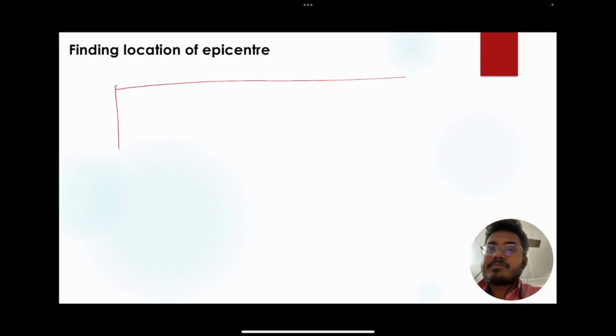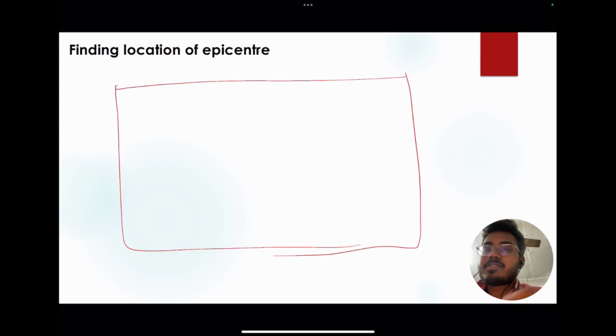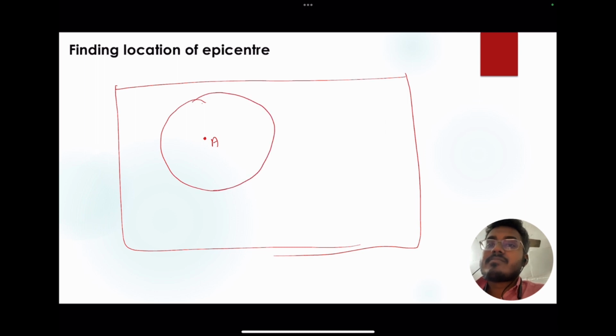So on a map, we plot the circle around location A. This is the location where A is, and with a radius of 150 kilometers, plot the circle. This is the actual location of point A on the map.